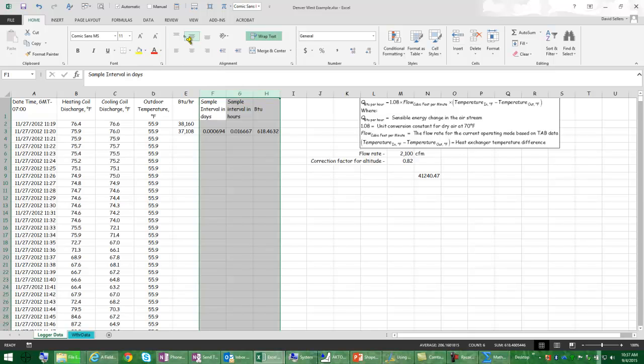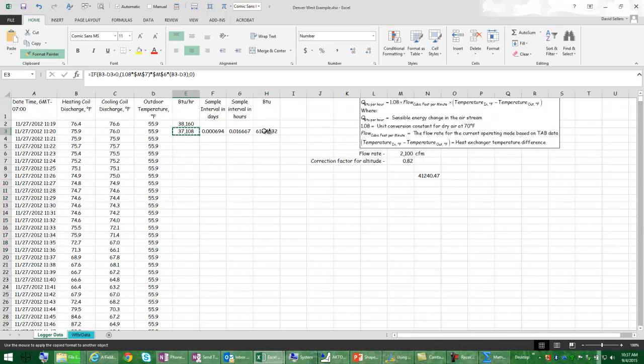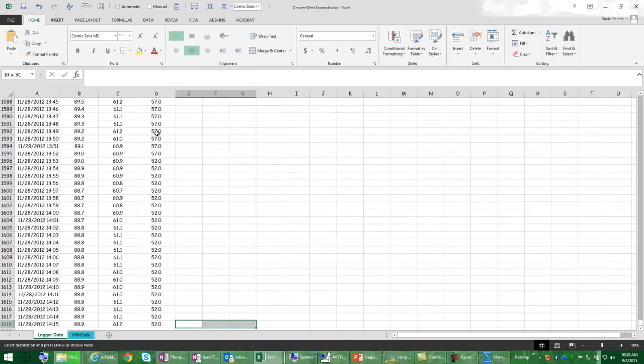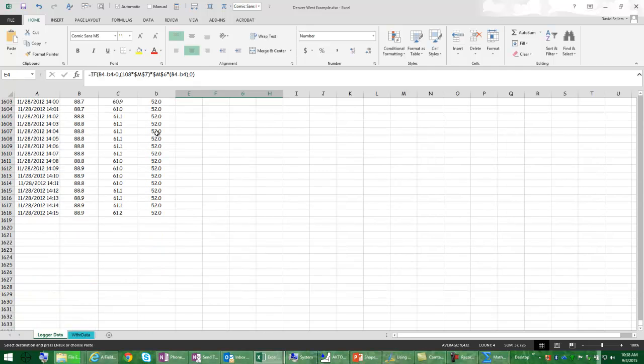Center this, oops, I want to keep that, center this. So now, I'm going to format this because I don't know the BTUs to that many decimal places. Okay, so now I've got this set up. Control C. Oh, I forgot to, okay, sorry.